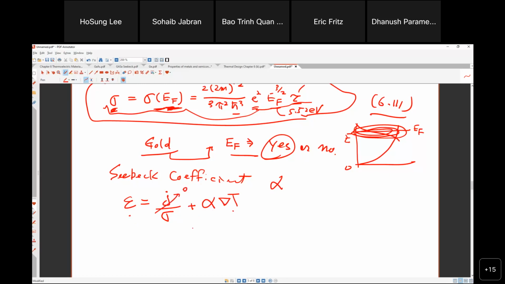So Seebeck is nothing more than the electric field divided by the temperature gradient. What is the electric field? I think we figure out the Fermi energy gradient and dT/dx.